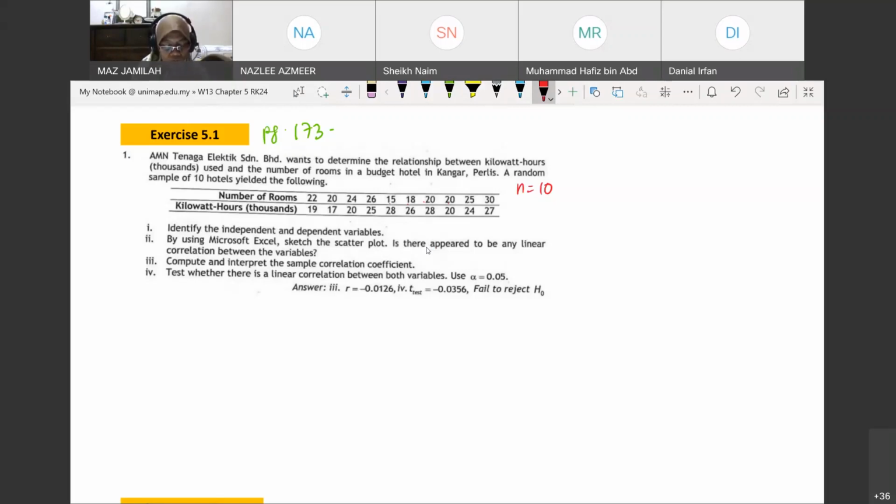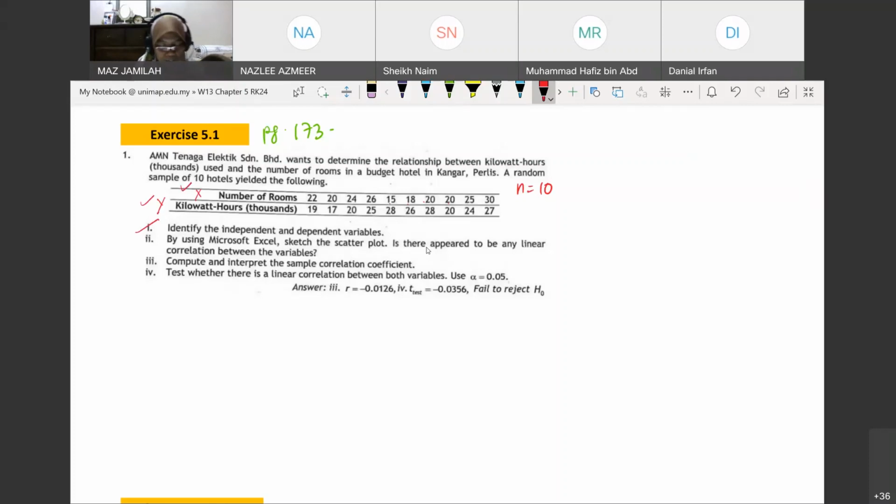Most of the time, kilowatt hours will be depending on your number of rooms, right? So in this case, your dependent variable would be your kilowatt hours and your independent variable will be the number of rooms.